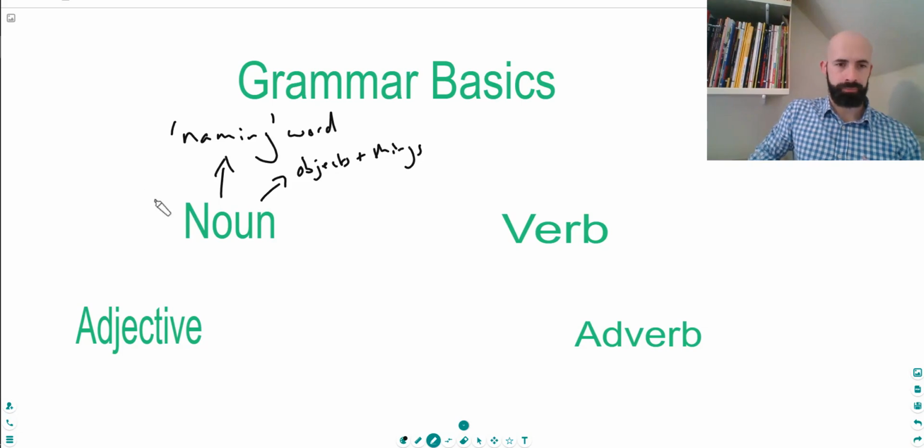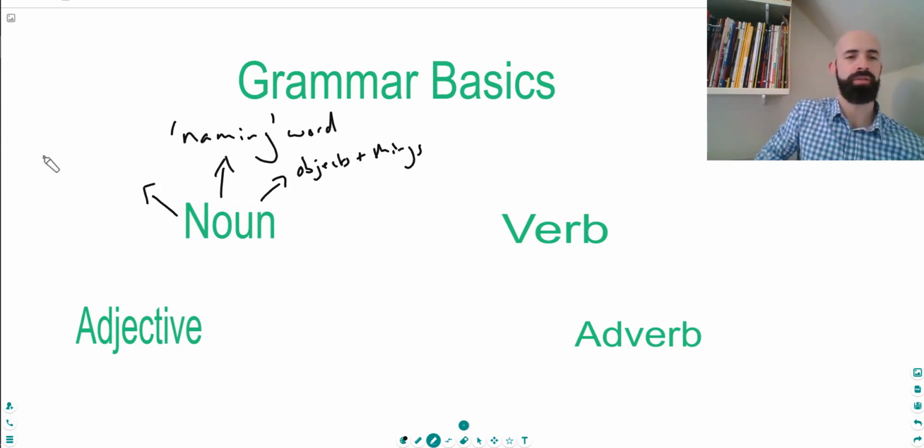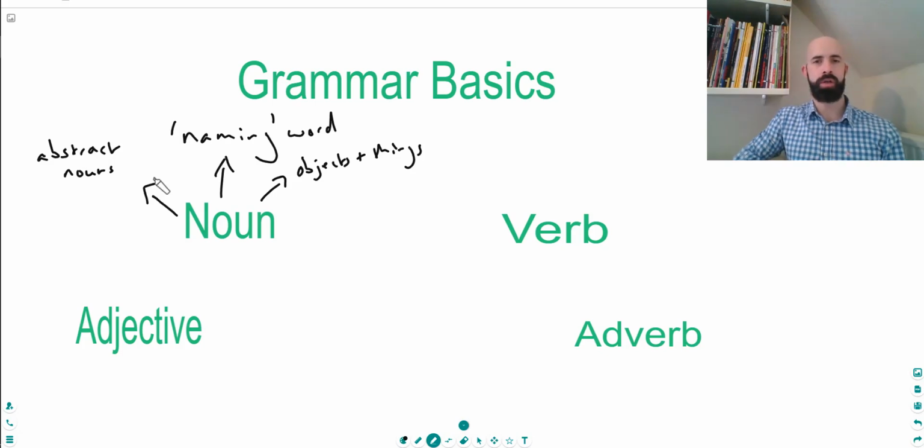Now, as well as those nouns, which we would probably describe as concrete nouns because they're something concrete you can point to, something physical, we also have abstract nouns. And abstract nouns are more like concepts. So there's something that you can identify and you can name, so you can still give them a name, but they're not something you could actually point to. So for example, love or peace or justice.